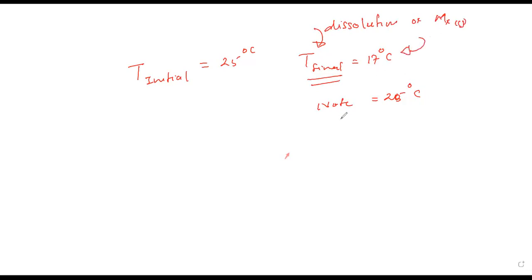Yeah. Then again they said gradually it's reached to the room temperature, that is 25 degrees Celsius. So you have to note these 3 points and draw the graph. Madam, it came to 17 and again went to 25. Yes, of course.